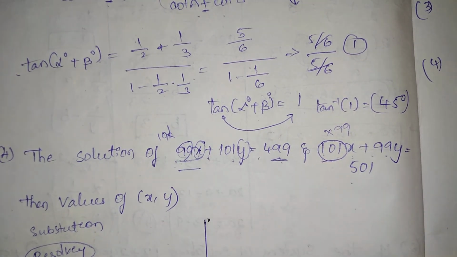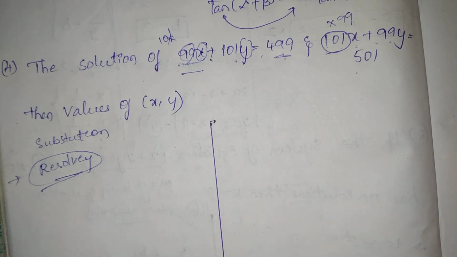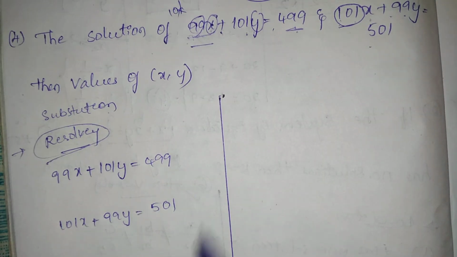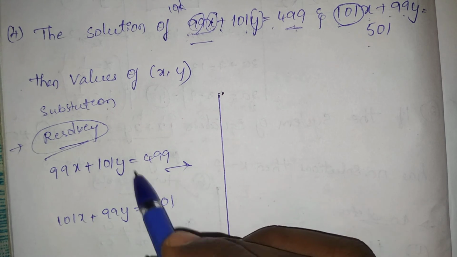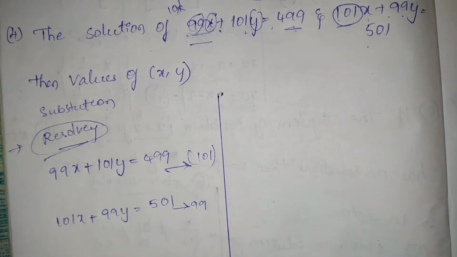So I am going to multiply equation 1 with 101 and equation 2 with 99.